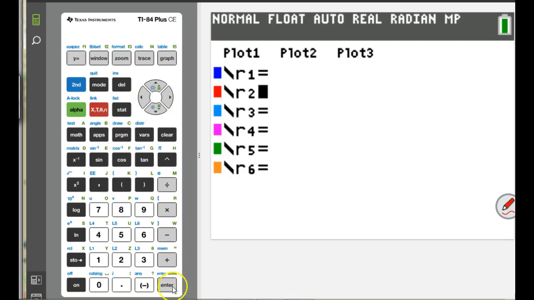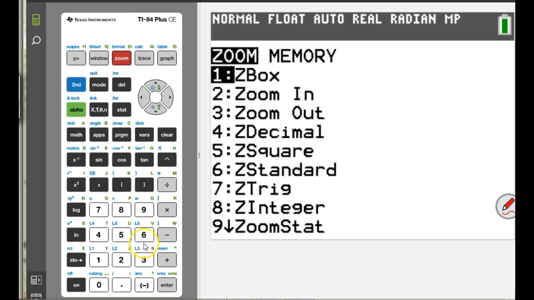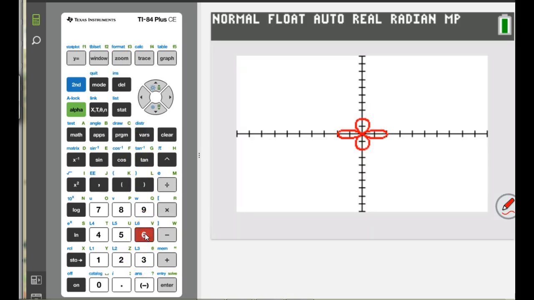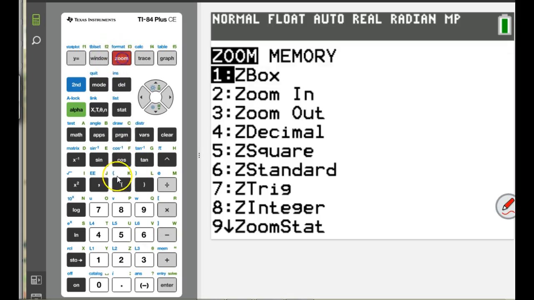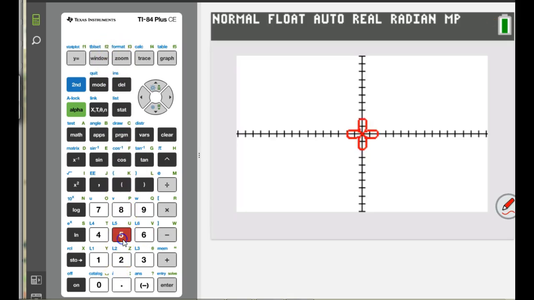Okay, hang on. What was it supposed to be? 2 cosine 2 theta? Okay, thanks. All right. So if you do this, it'll work. Do a zoom standard first. My bad. Do a zoom 6, and then if you do a zoom square, it'll square it up. Anybody not getting it?